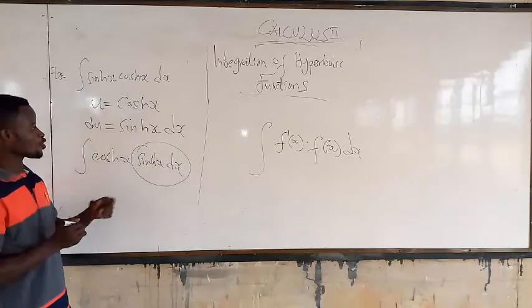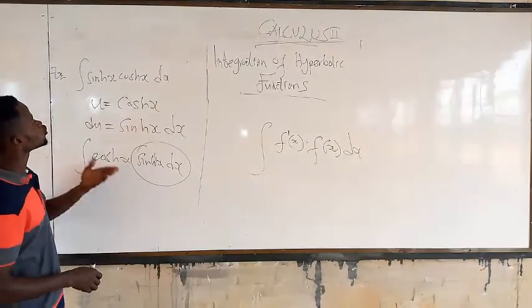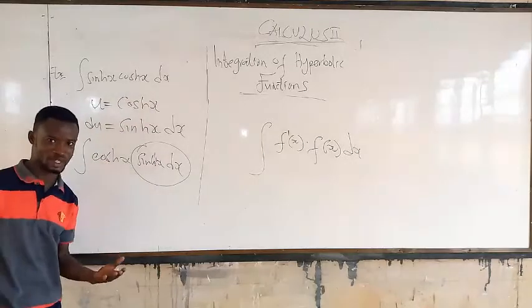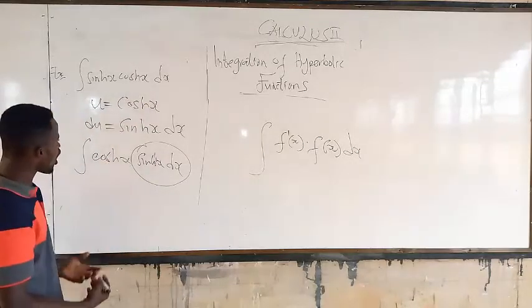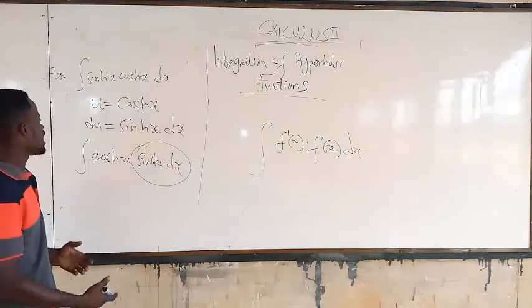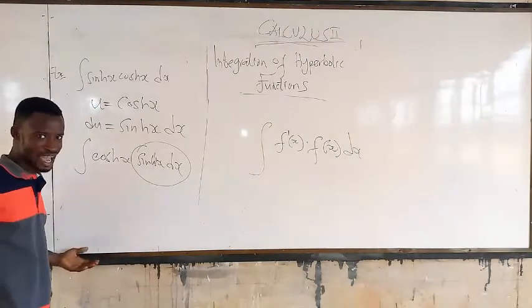So the whole of this is exactly du. And if you choose your u to be sinh, you also end up getting something like that. Or you can also choose to make ds the subject, and it will cancel something out. It's still the same idea.